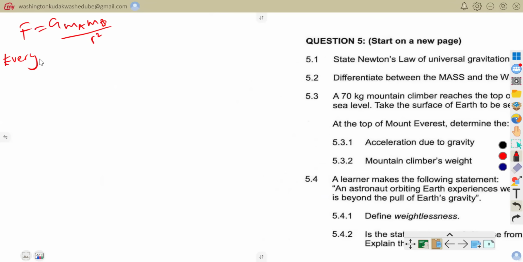every object on Earth, or else every object in the universe, because if I say on Earth, it will appear as if this gravitational force of attraction applies to Earth only.